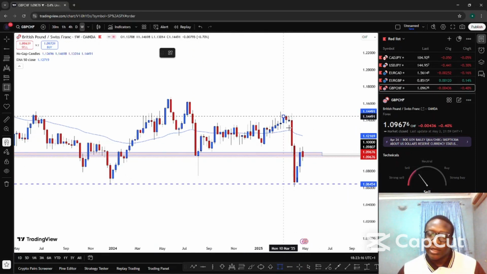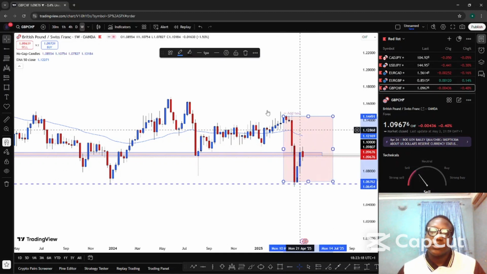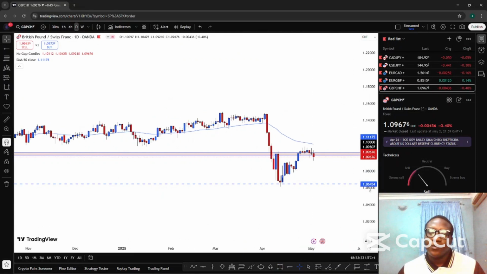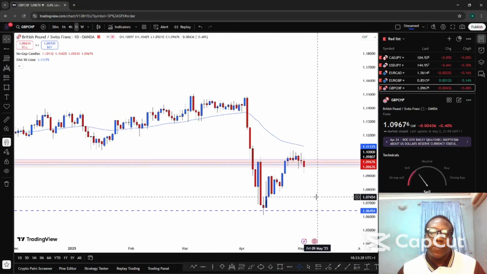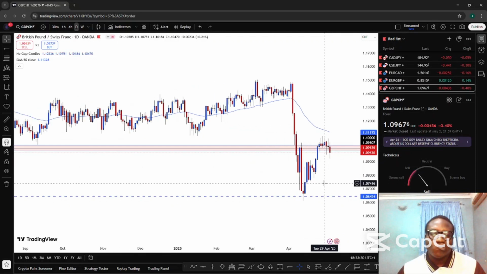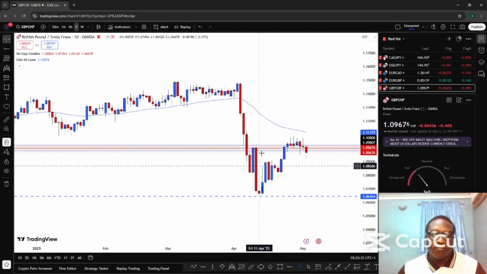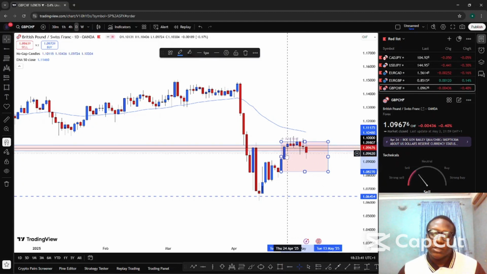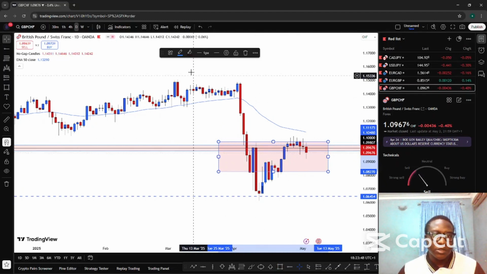On the daily time frame, actually, the market is bullish, as the market closed above this previous market swing, making it bullish.